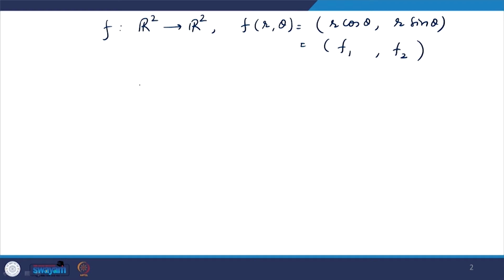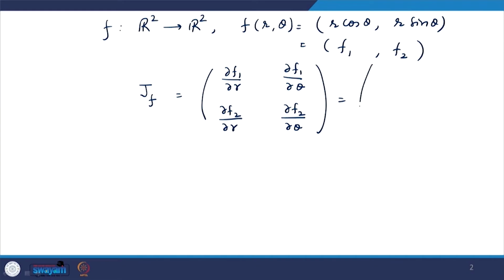To compute the Jacobian of f, we have two unknowns, the independent parameters r and theta. So, you take f1 with respect to r, f1 with respect to theta, f2 with respect to r, and f2 with respect to theta.